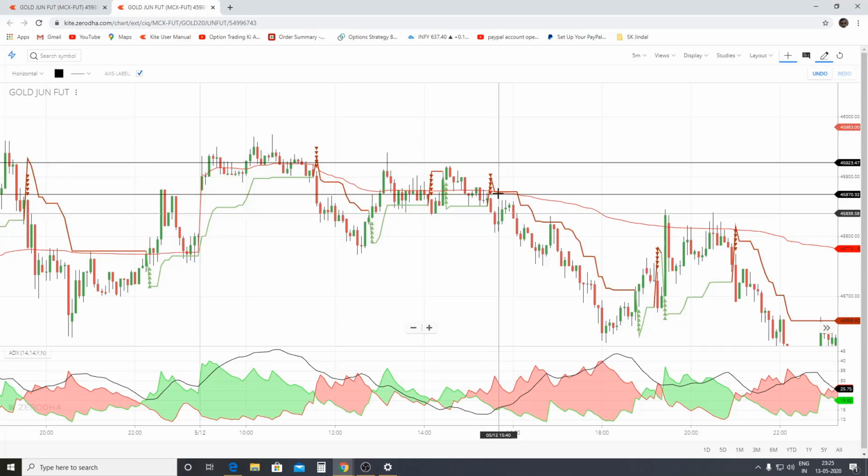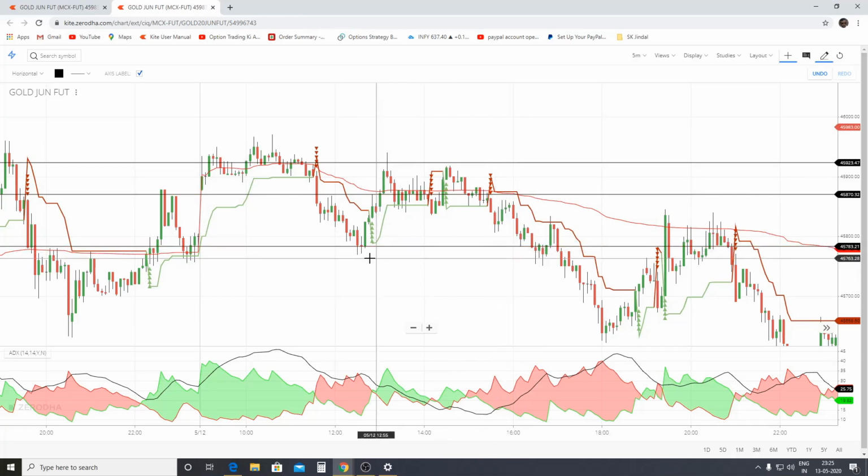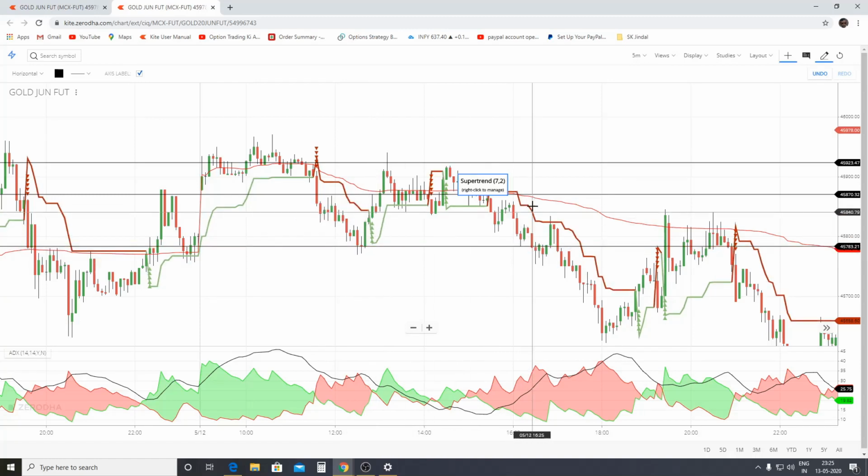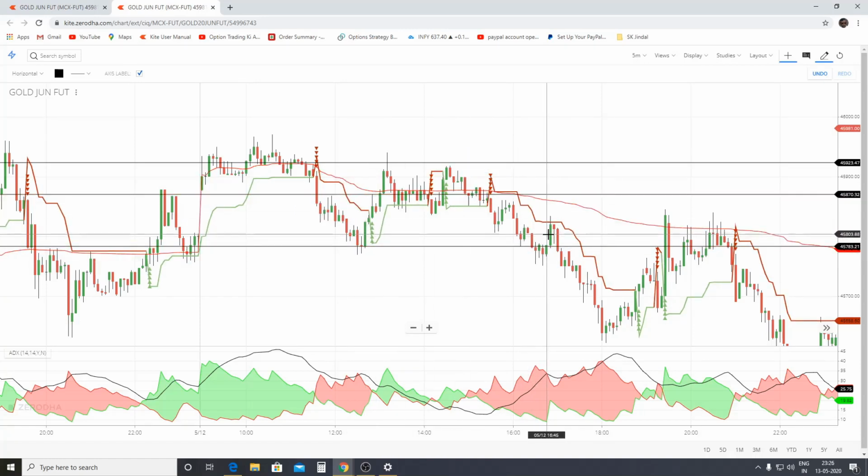So it's according to our setup rules, and target at least up to, let's say, this, because last time the gold prices turned from this level, so they might face rejection from this level. So this is our first target, and the target is around 100 points and stop loss is around 60 points. So we are having a risk reward ratio of well above 1:1, and our ADX is also supporting.